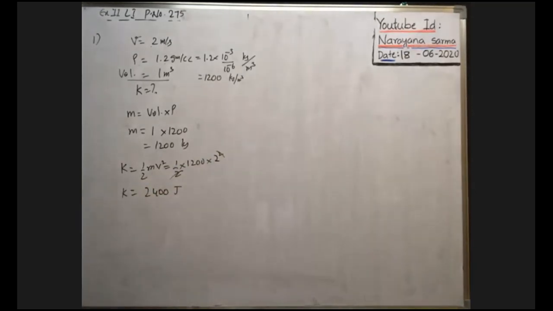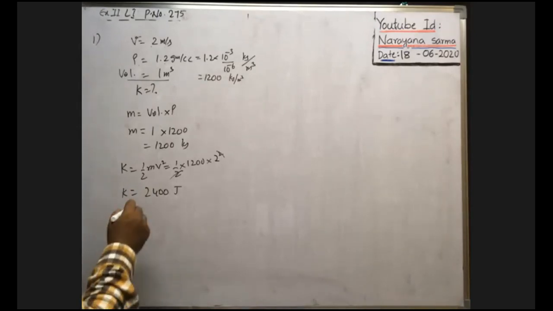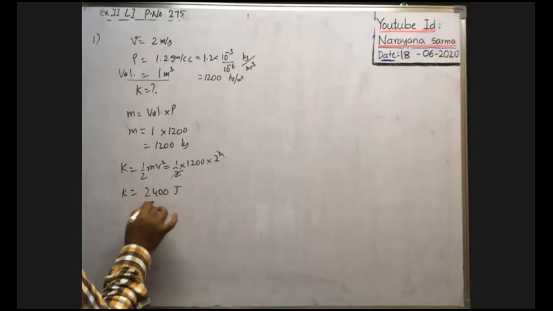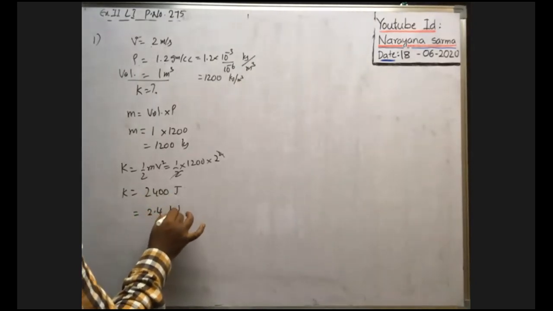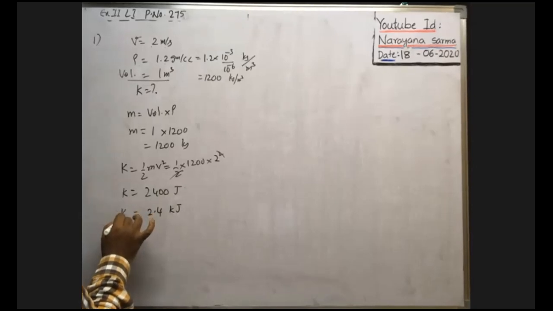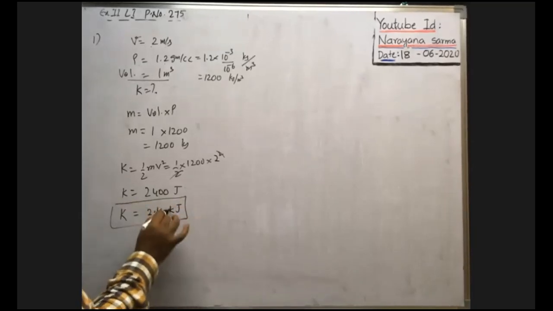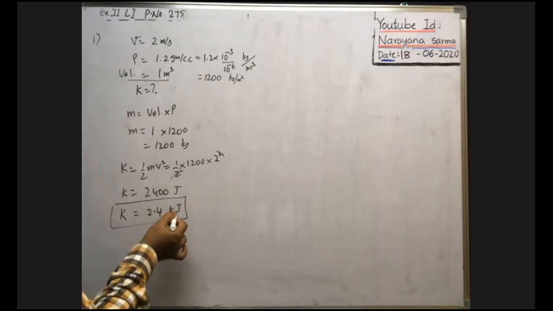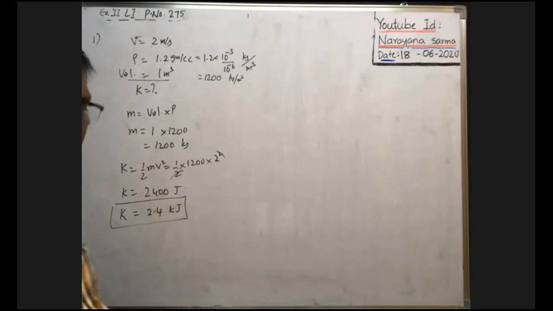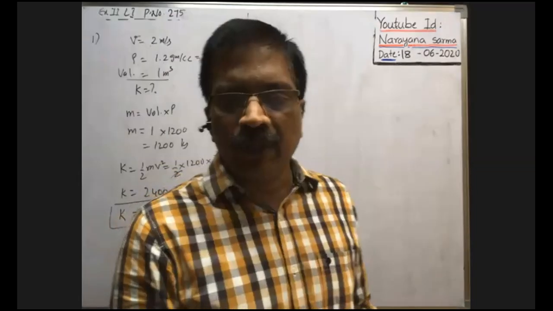But the answer is given in kilojoule. To obtain in kilojoule, we have to divide with 1000. Then we will get 2.4 kilojoule. Because 1 kilo means 1000 joule, 2.4 kilojoule into 1000 is 2400 joule only. Okay, 2.4 kilojoule. Very good.